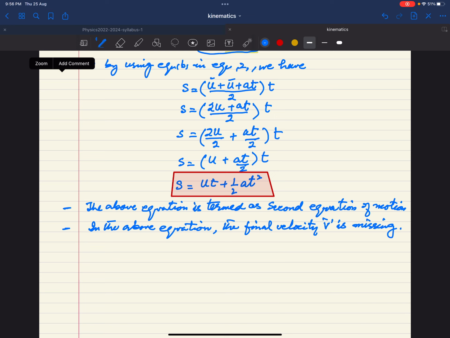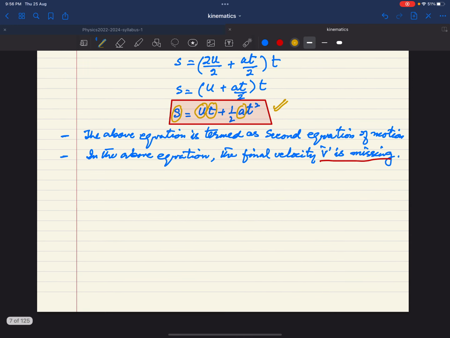So if you have any situation where the final velocity is not given, but the initial velocity is given, the time of change of velocity is given, and the acceleration value is given, then you can find the displacement with the help of this second equation of motion.